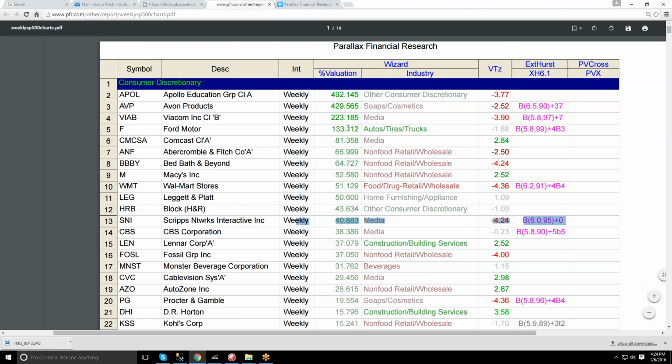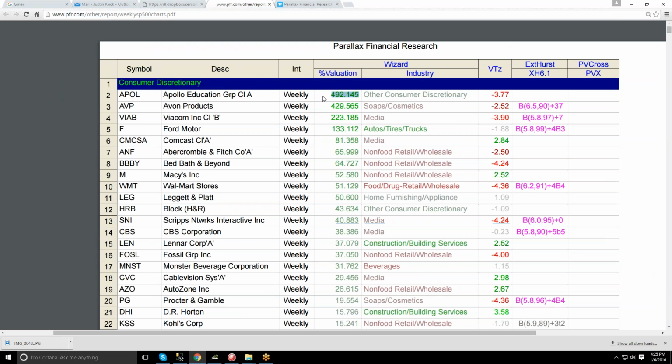The second part of this report that is attached is a detailed fundamental screen of all the stocks within the S&P 500. For example, this is the consumer discretionary sector, and how to read this is this particular company, Apollo Education Group, which is online education, is currently given its valuation, and the valuation is made up of an algorithm that reads all the publicly released accounting information to Zacks research database.